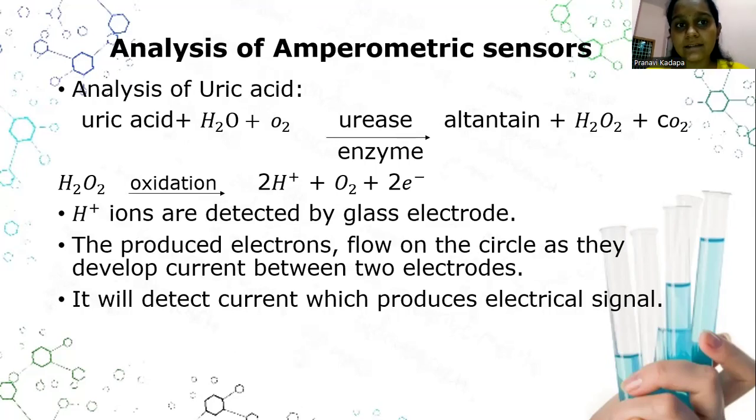Uric acid plus water plus O2, in the presence of uricase enzyme, gives allantoin plus H2O2. H2O2 is again oxidized, which gives 2H plus, O2, and 2 electrons. H plus ions are detected by the glass electrode. The produced electrons flow in the circuit and develop a current between the two electrodes. It will detect the current, which produces an electrical signal.